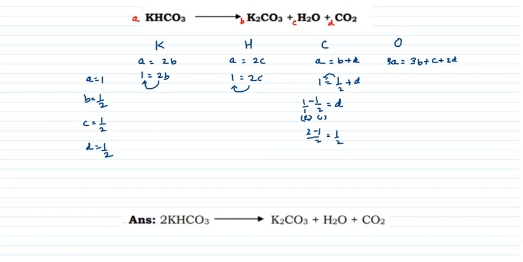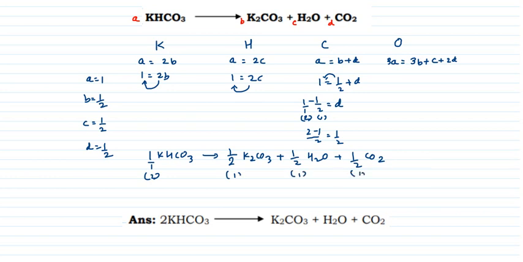So put it here. I'll put A as 1, KHCO3 gives you B. Everything is 1 upon 2, so you don't have to worry. 1 upon 2 K2CO3 plus again 1 upon 2 H2O plus 1 upon 2 CO2. Now the LCM for the whole equation is 2, so you have to put 2 here, and everywhere else 1, 1, 1.